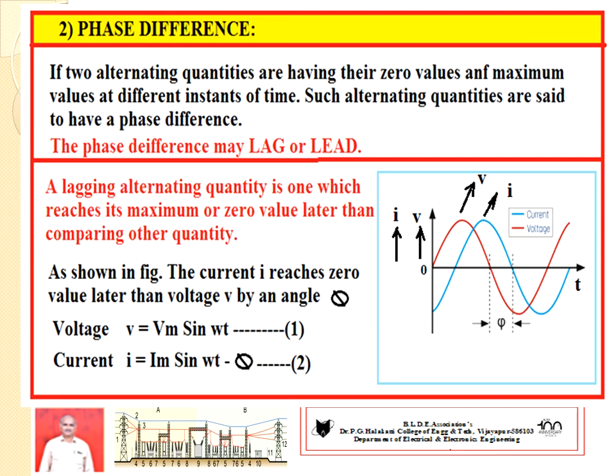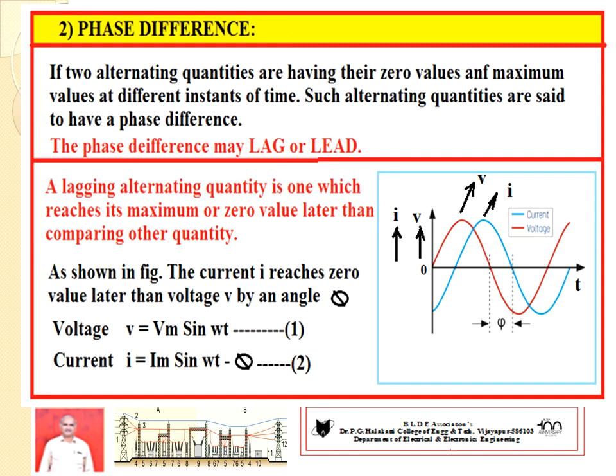The current waveform starts its zero value after an angle phi. It may be 90 degrees now, it looks like, but in general, phi. Hence, it reaches its zero value and maximum value after phi as compared to voltage. Therefore, current I lags the voltage by an angle of phi. In the equation, a minus sign is used for representation of a lagging quantity.